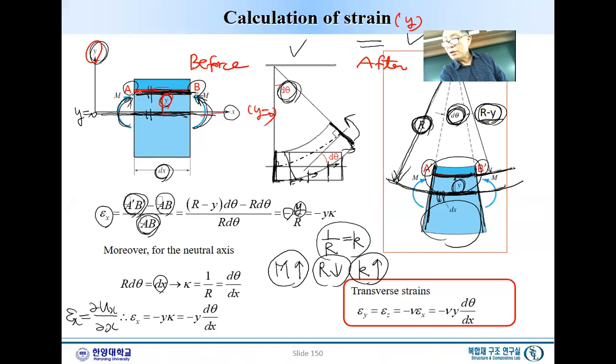So let's take a look at what will happen to this AB line. For that purpose, let's take a look at the whole region, and the whole region will deform like that. What we observed was that this line is a compression compared to this, and this one is the tension compared to this. So this AB is after deformation.